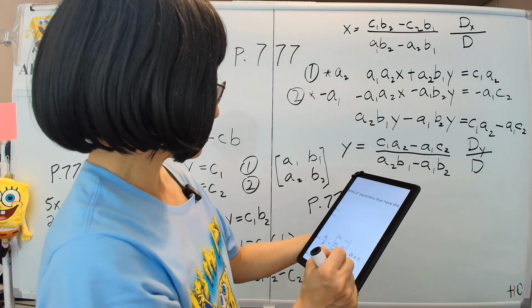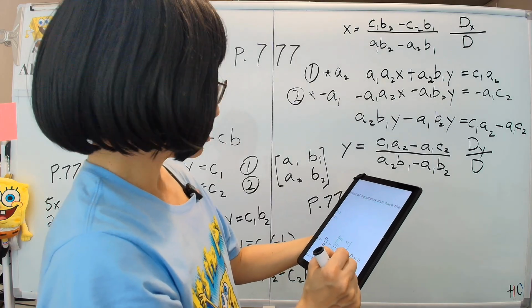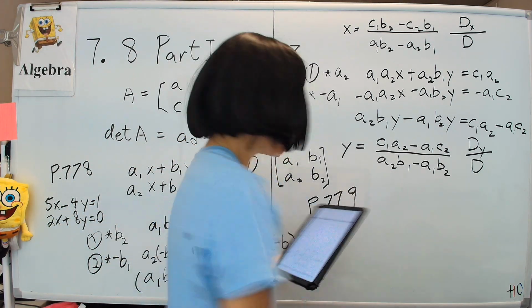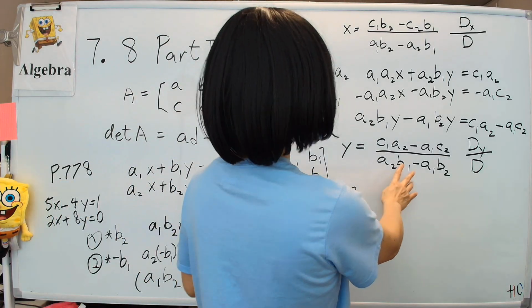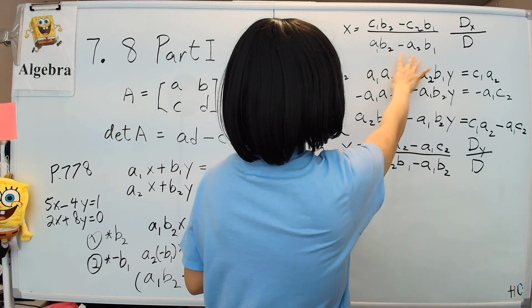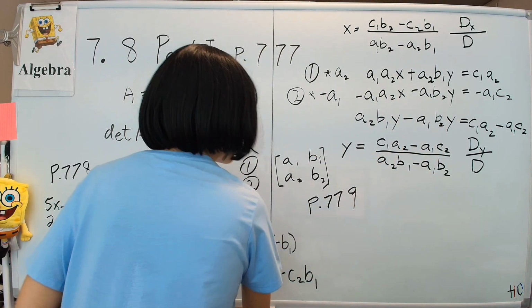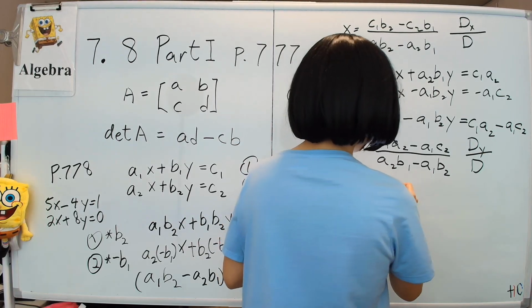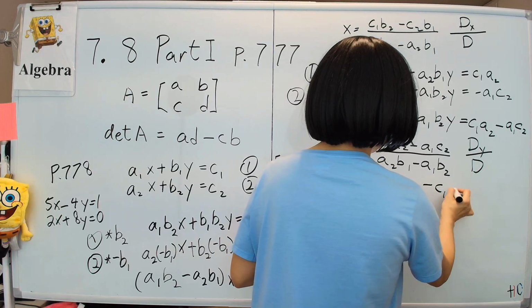Why is my determinant different? A1, C2, the minus is wrong. Let me check to see if I wrote something wrong. Oh, I see what is happening. See, this is A2 B1 minus A1 B2. This is A1 B2 minus A2 B1. I need to turn both things around, like this. So if you turn both things around, this is the same as A1 C2 minus C1 A2.